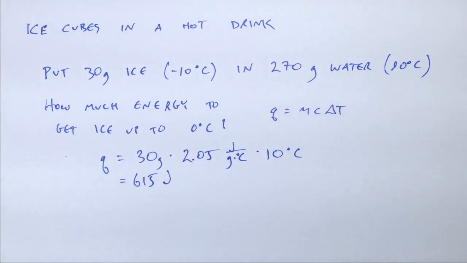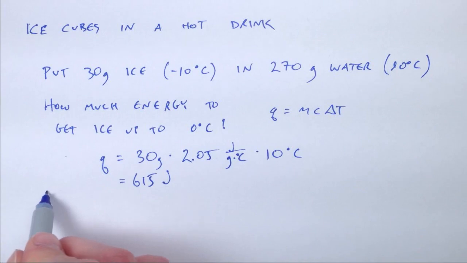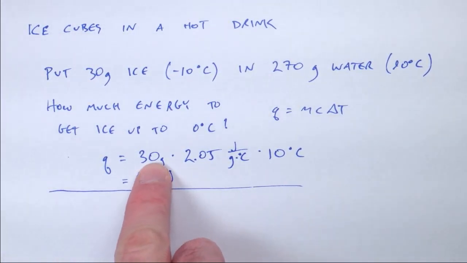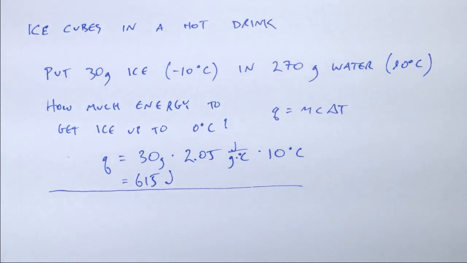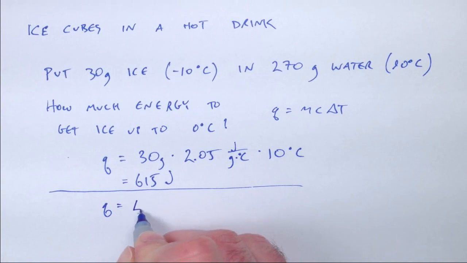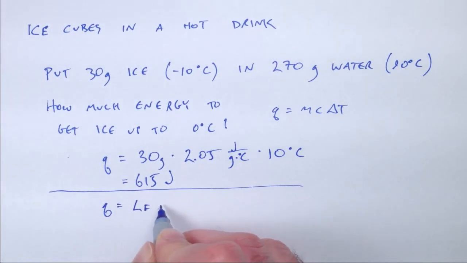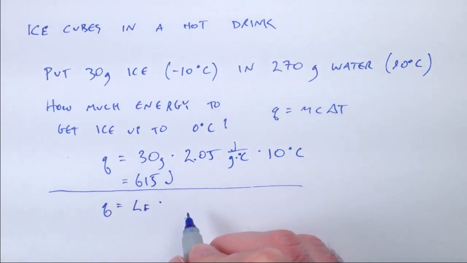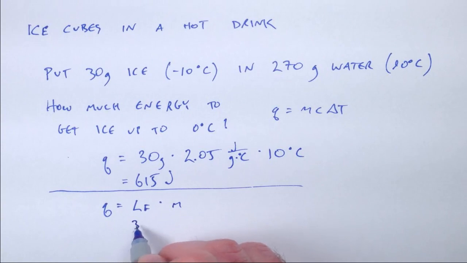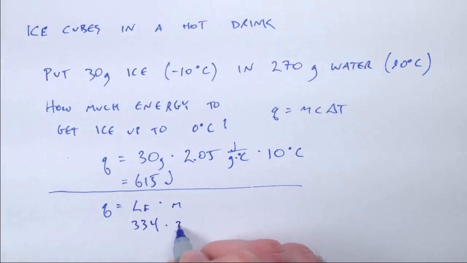All right, well, that's not the last energy expense the hot water is going to have to make. How much energy is it going to take to melt all that ice? Well, we've already done that, but I'll do the calculation again just to be sure. The latent heat of fusion for water, times the mass of it, is going to be 334 times 30.